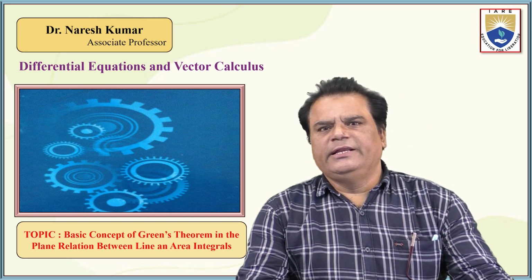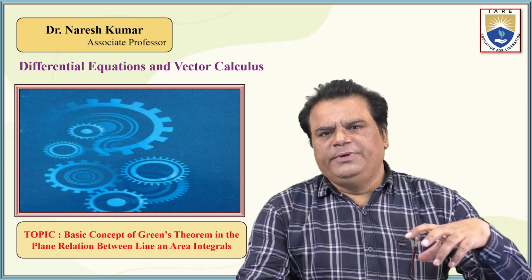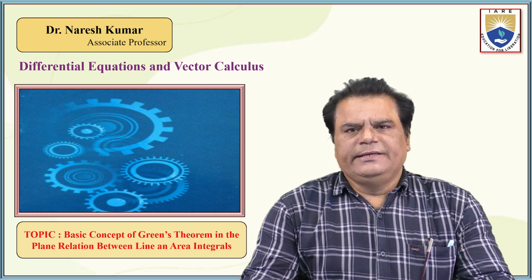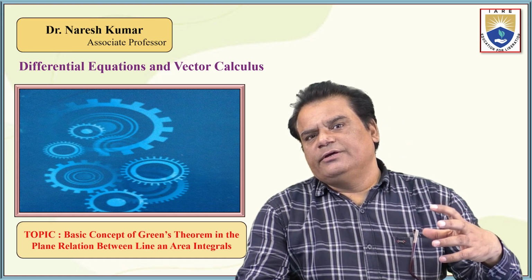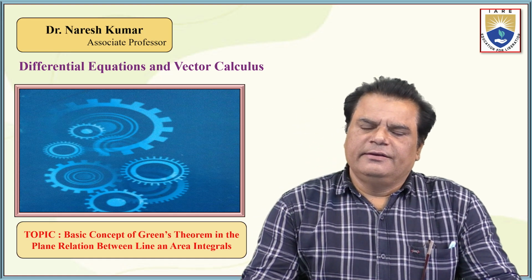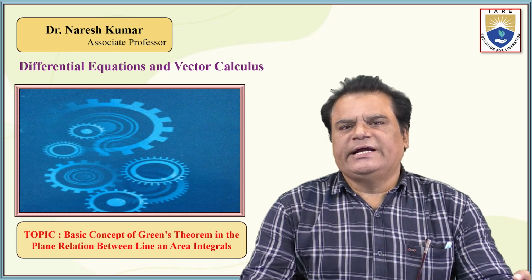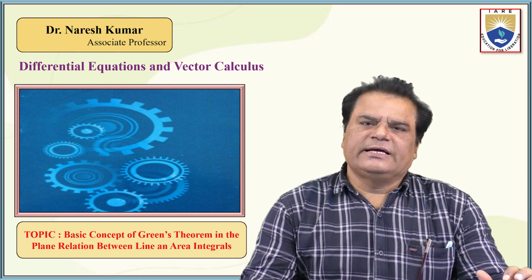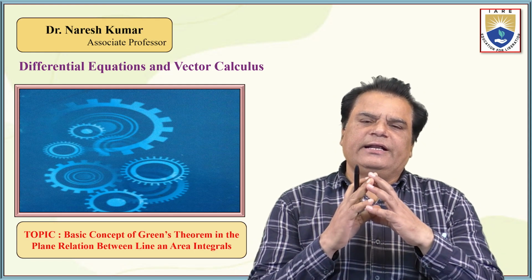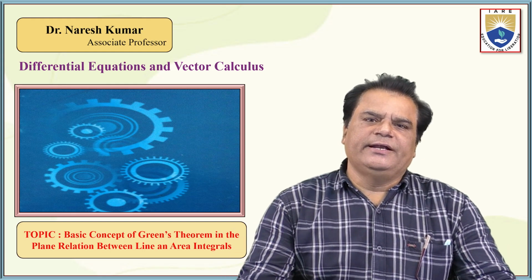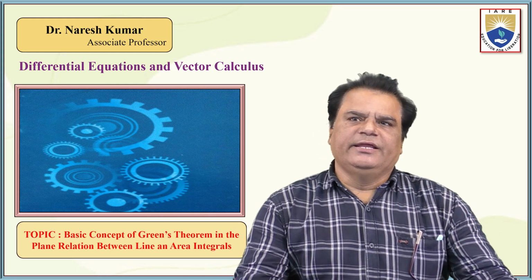I want to tell you how we can see the line integral equal to area integral, how it is possible. One side is line integral, other side is area integral, but how is it possible that line integral is equal to area integral? This concept is given by Green's theorem.